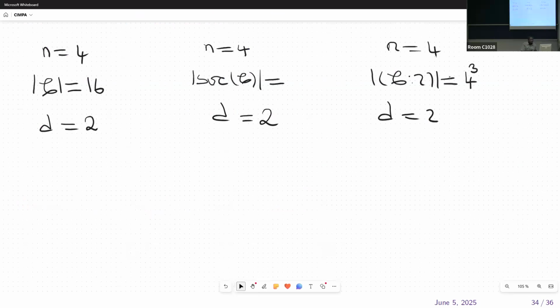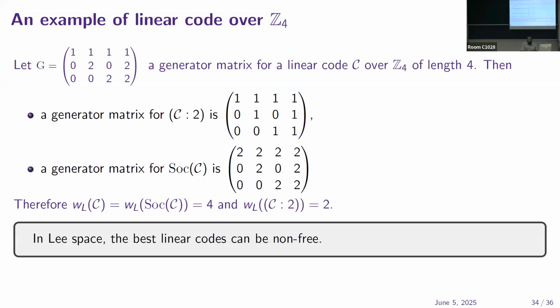Here, the circle is non-free. It is important to know the type of the circle. The type of the circle: all rows of the generator matrix of the circle are non-free.